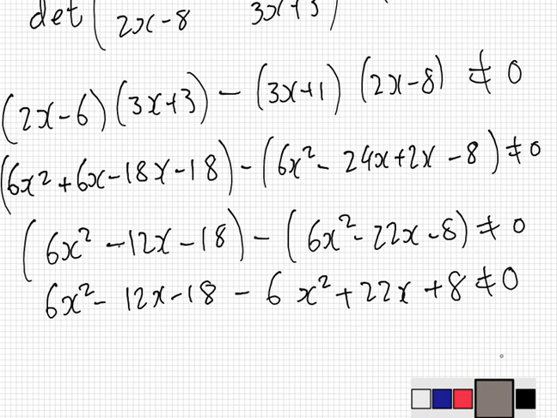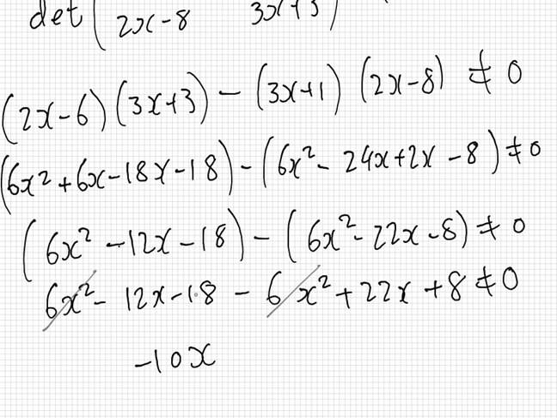Now what's nice here is that they cancel. So minus 12x plus 22x, that's plus 10x. Minus 18 plus 8 is minus 10, not 0.